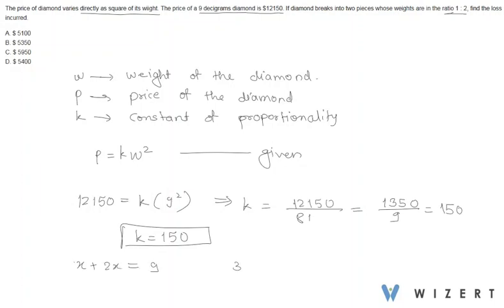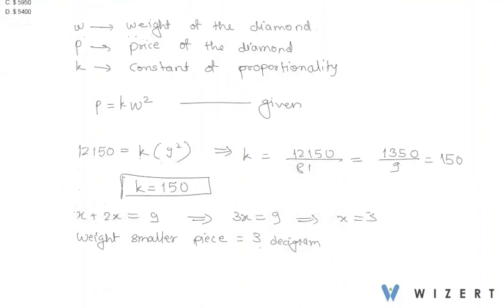So we get 3x equal to 9 and thus x equal to 3. So the weight of the smaller piece is equal to 3 decigrams, and the weight of the larger piece will be 2x, that is 2 into 3.